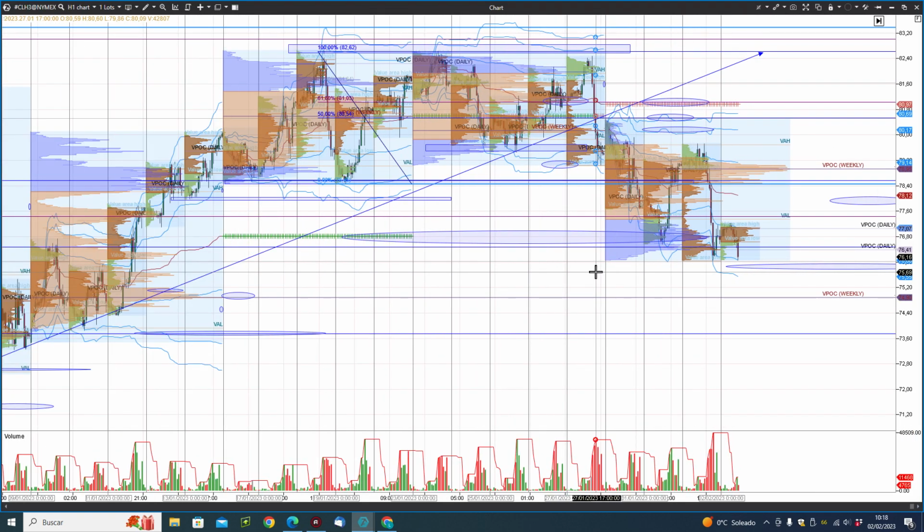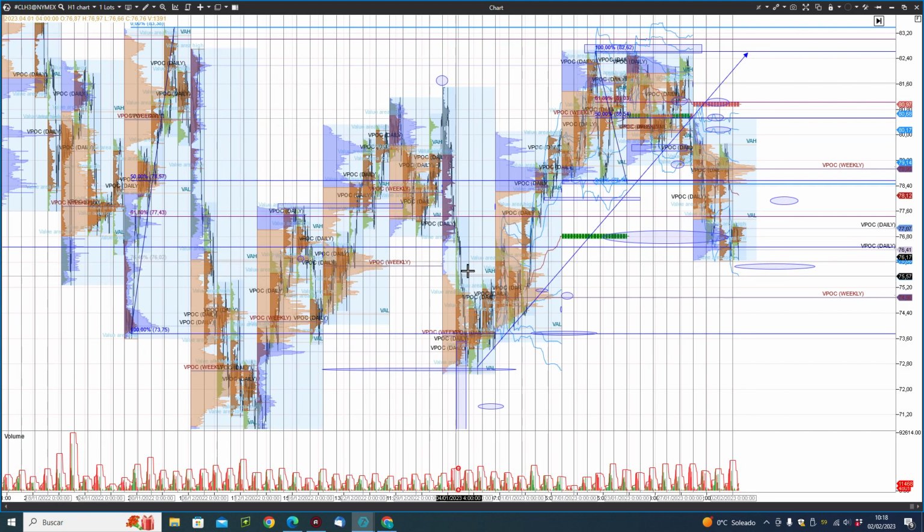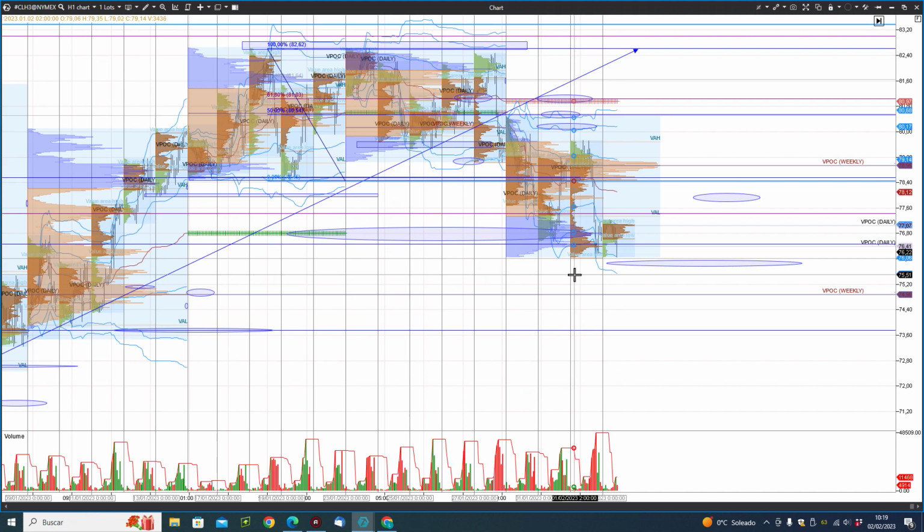And what about light oil? Light oil, we have here this final VWAP line, weekly VWAP. It was touched, and now next step will be this zone, this VWAP, VPOC, weekly VPOC at 75.86, exactly here. Next step will be talking about lower targets, this zone, naked weekly VPOC 74.91.